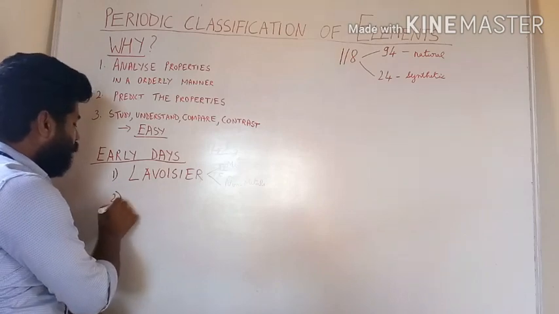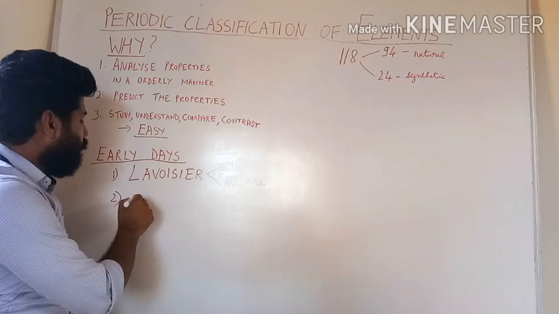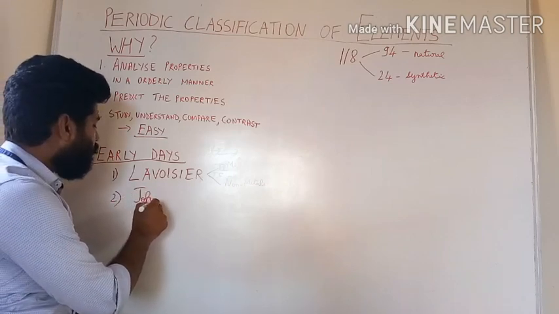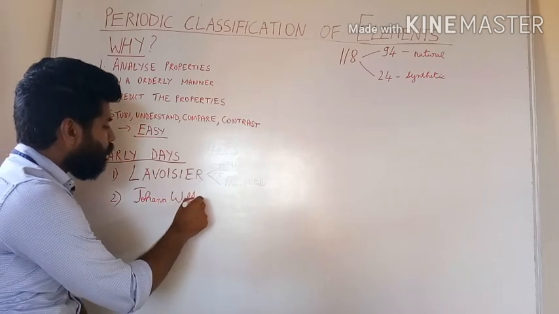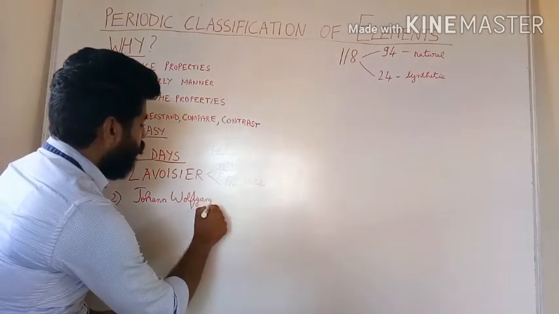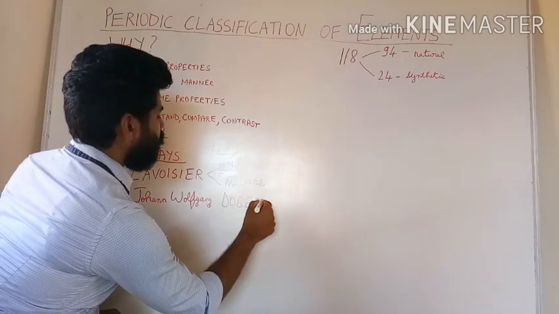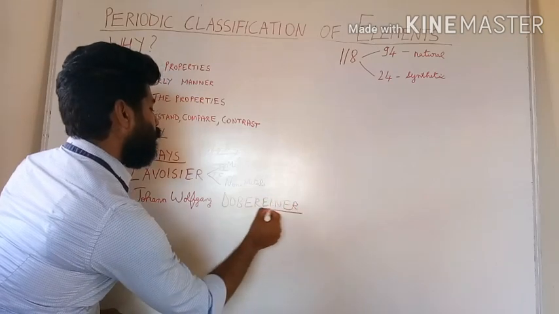The second attempt was made by a German scientist called Johann Wolfgang Dobereiner. Shortly, we call him as Dobereiner.